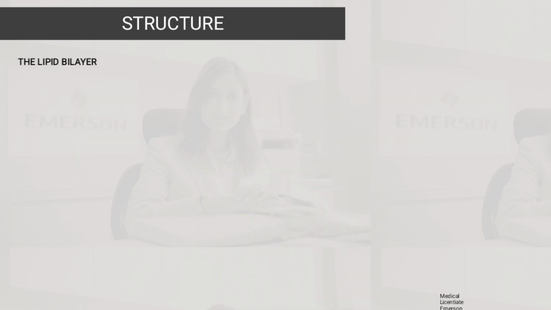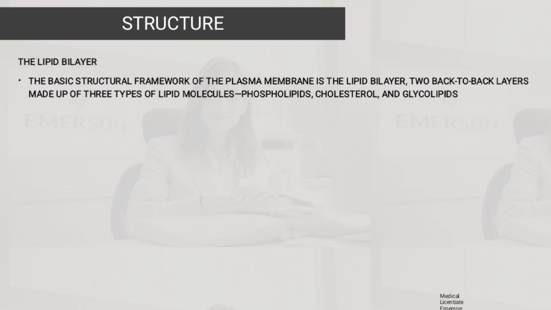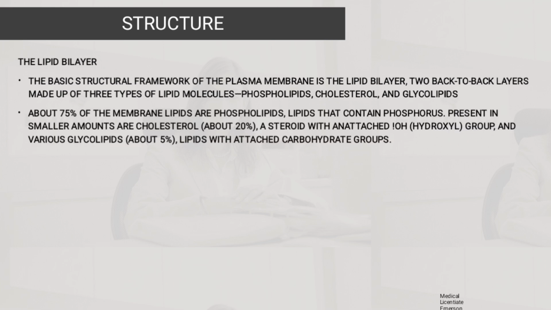The basic structural framework of the plasma membrane is a lipid bilayer, two back-to-back layers made up of three types of lipid molecules: phospholipids, cholesterol, and glycolipids. About 75% of the membrane lipids are phospholipids, which contain phosphorus.